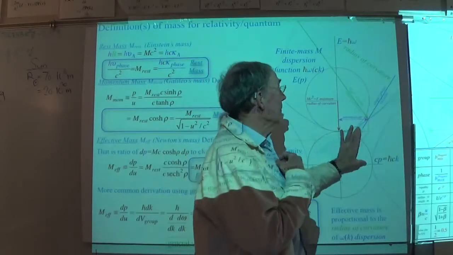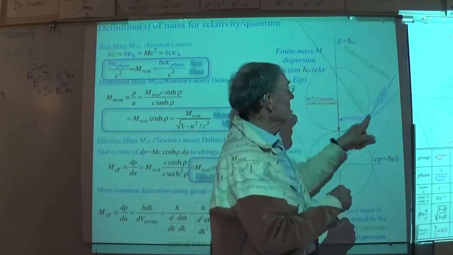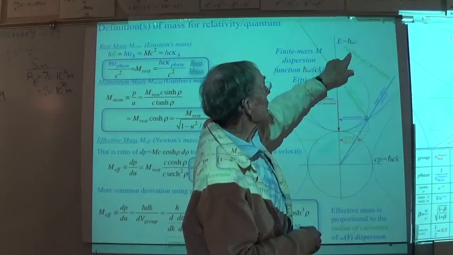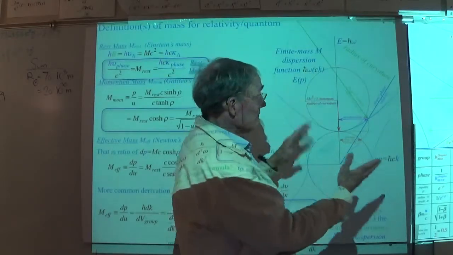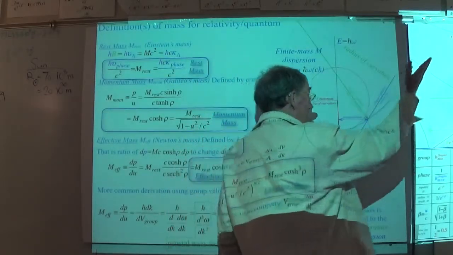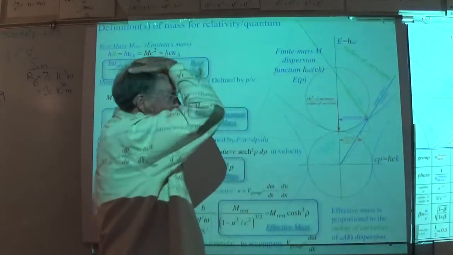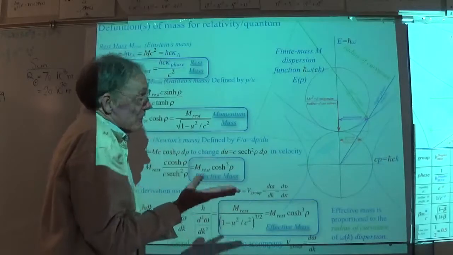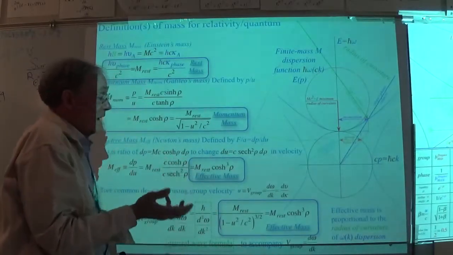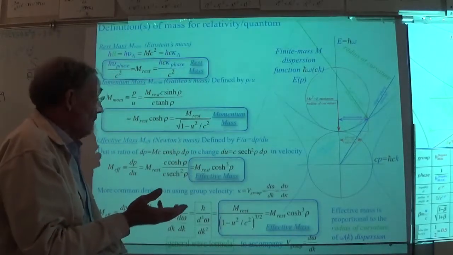But as you go up, the circles containing the radius of curvature get bigger and bigger until finally, way up there, the radius of curvature goes to infinity, and you're getting something with an infinite effective mass. Well, that's what a photon is.